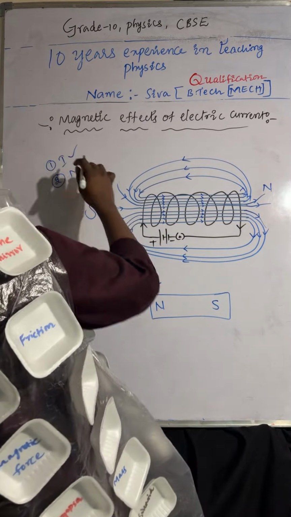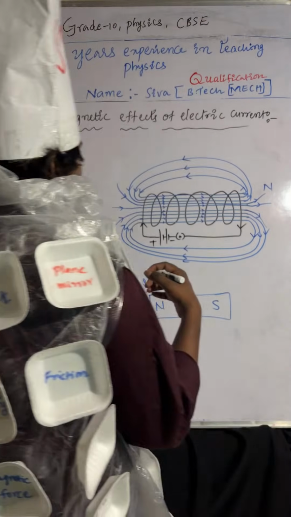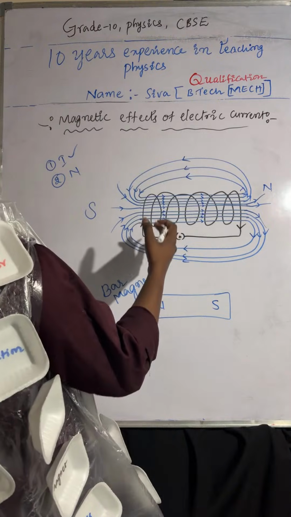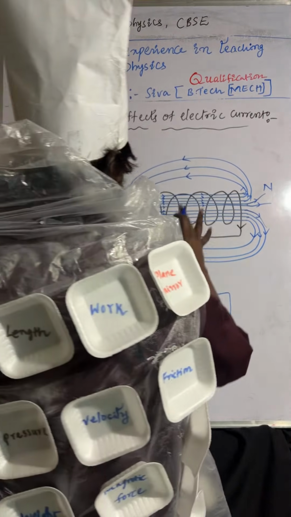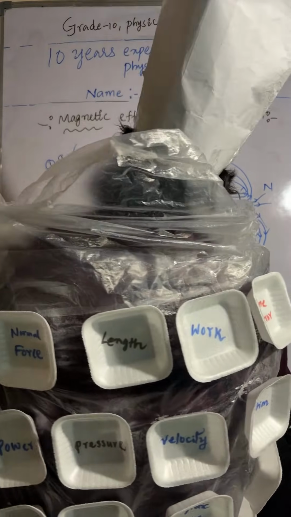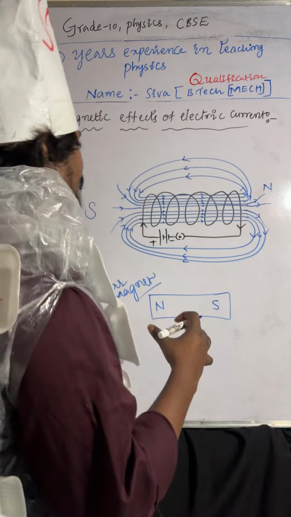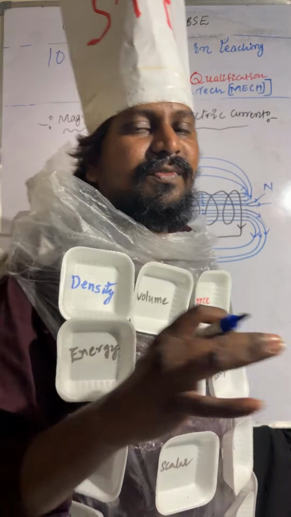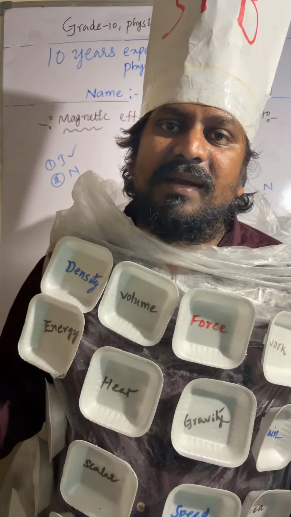If you send more current, more magnetic field will be produced, and if you increase the number of turns, the magnetic field produced by the solenoid will also be more. Whereas in the bar magnet, the magnetic field is fixed. We can't increase or decrease it.